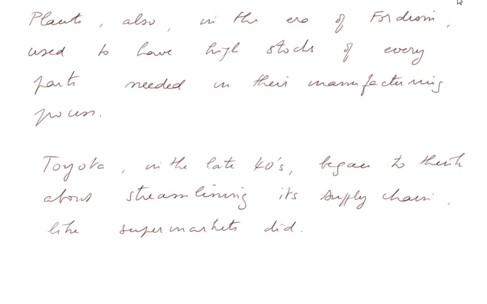Plants also, in the era of Fordism, that is essentially the first half of the 20th century up to the 50s and a little bit of the 60s, used to have high stocks in every part needed in their manufacturing process. Toyota in the late 40s began to think about streamlining its supply chain, like supermarkets did.